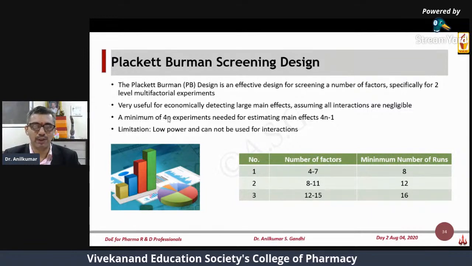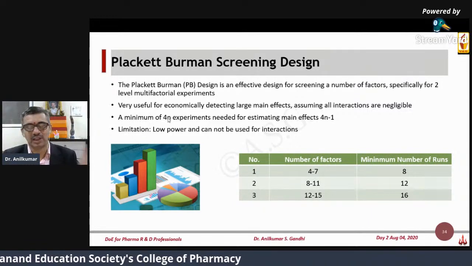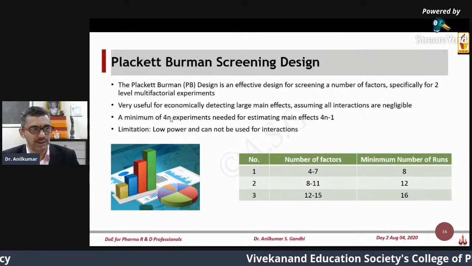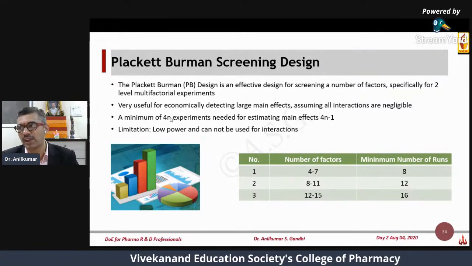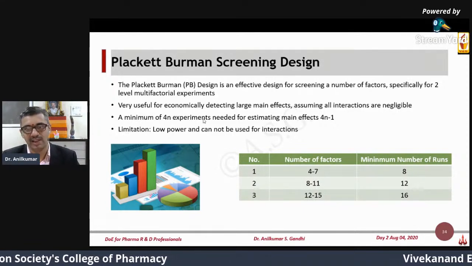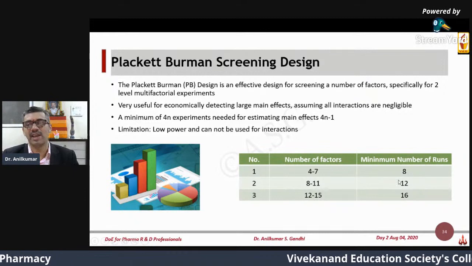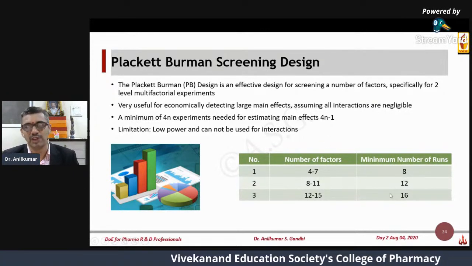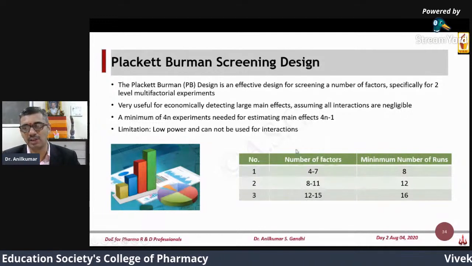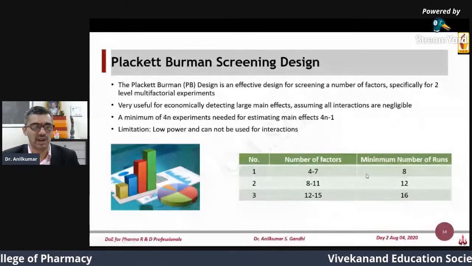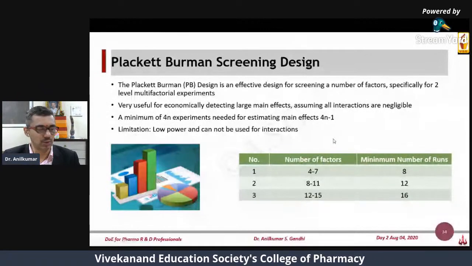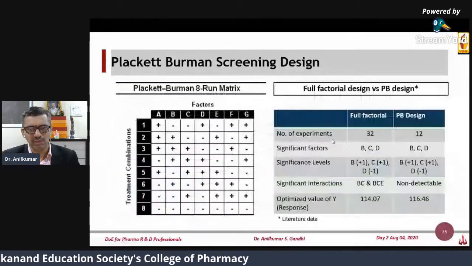So again, if you do fractional factorial with say 7 factors, it may still tell you to do 7 minus 3, 2 raised to 4, 16 trials, which is still higher compared to Plackett-Burman, suggesting 8 runs. So this is the difference between the Plackett-Burman and the fractional factorial. Again, you are reducing the number of runs. The limitation, of course, is the low power, and it cannot be used for interactions.